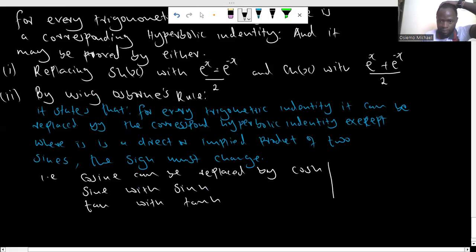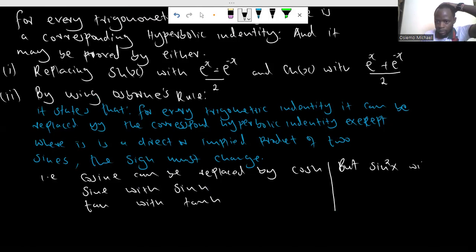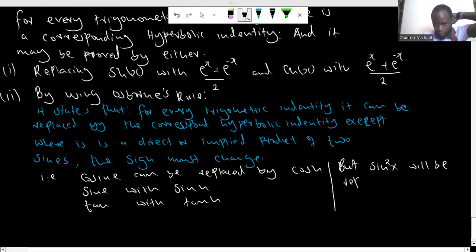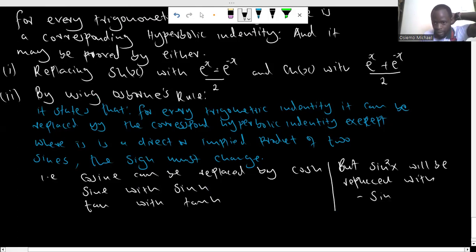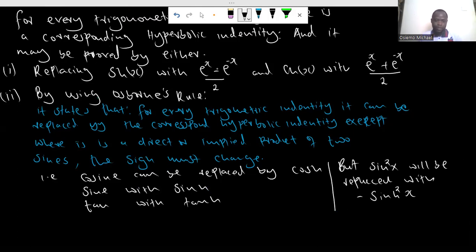But sine squared, for instance, of x, will be replaced with negative sine hyperbolic squared of x. So you can see this one is positive, so it has become negative. So with that, let us do some examples. We go to questions, for example.